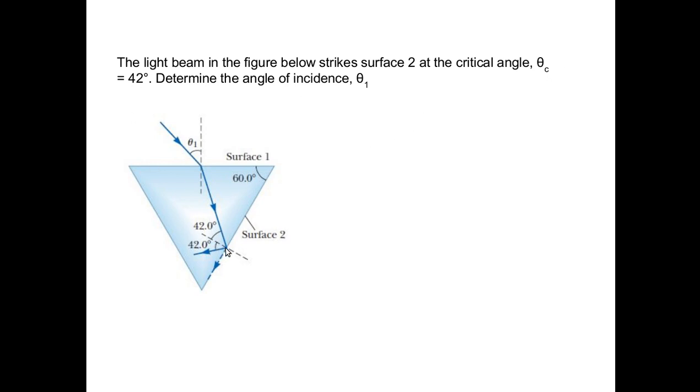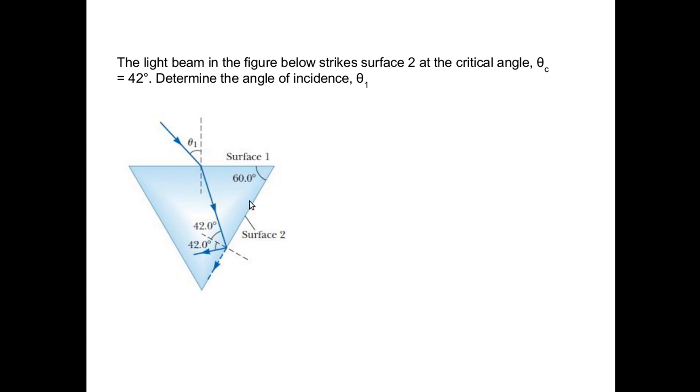So here at surface 2, 42 degrees is the critical angle. That's also the incident angle of this ray, so we got total internal reflection here. We don't know if this is air out here. It doesn't say anything. And we don't know the index of refraction for the prism.